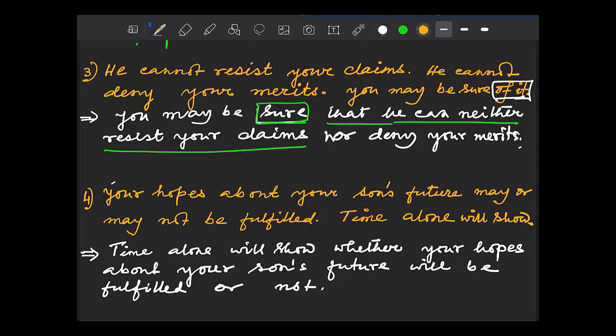Will show is the verb and the rest is the noun clause object to this verb. So time alone will show whether your hopes about your son's future will be fulfilled or not. Okay. So this is your answer.